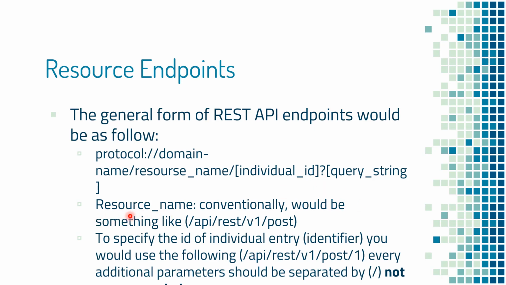So the resource name here, conventionally, would be something like API. It stands for API, or this is just a special part of your system. In some cases, you might have a REST API, a SOAP API, or an RPC API. So it's better to have REST to explain to the consumer what kind of API he's working with.